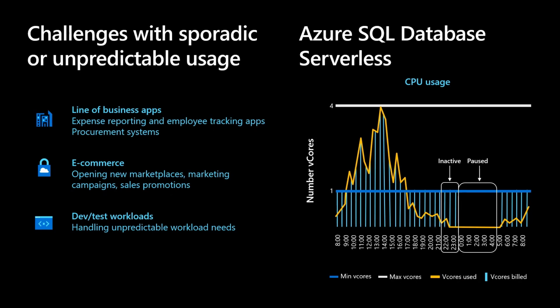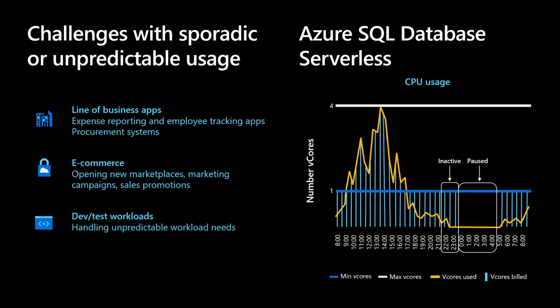And then there is something called auto pause delay, which is basically where you define how much idle time there is before the serverless compute goes away. So in this case, if you say 1 hour is your auto pause delay, when we detect 1 hour of idle time, as in no workload is running, we will automatically pause the compute, take a backup of your database, and then release the compute.